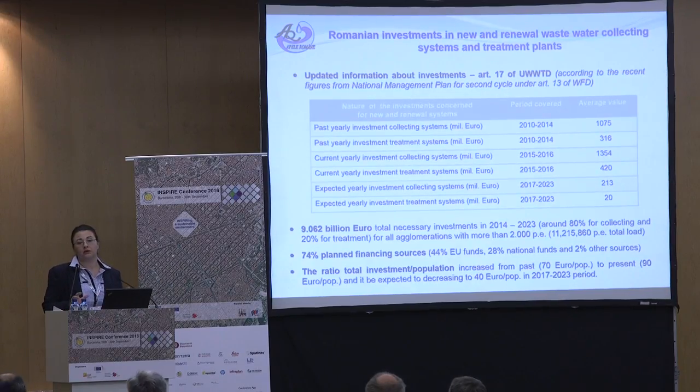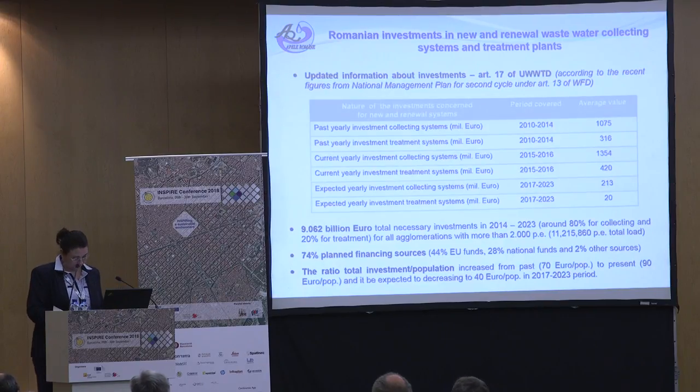So more collective systems are concentrated into one treatment plant. So we invest less money for treatment, but a lot of money to build the network to connect to this treatment plant.